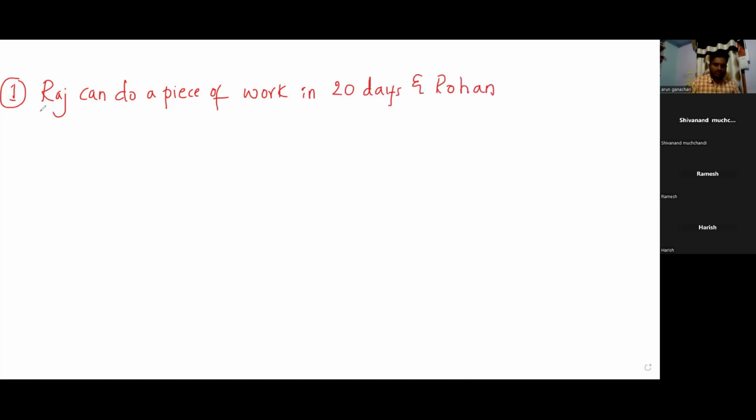Take this. Raj can do a piece of work in 20 days, and Rohan can do it in 12 days.